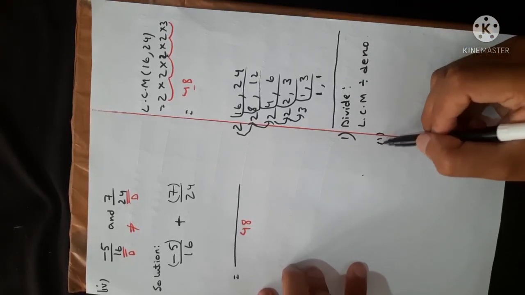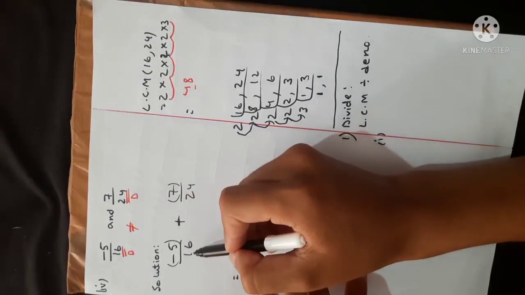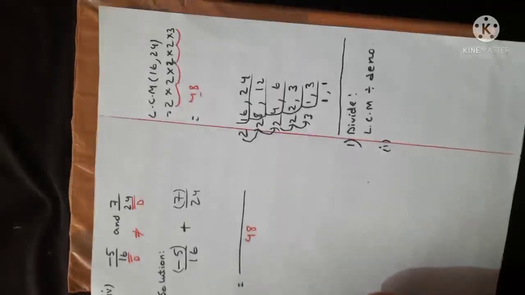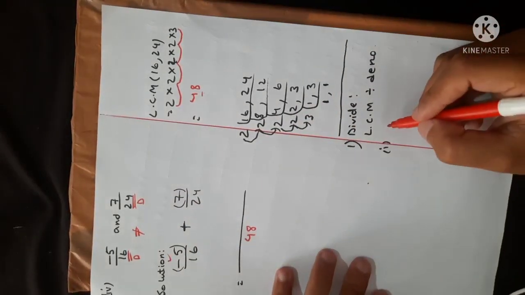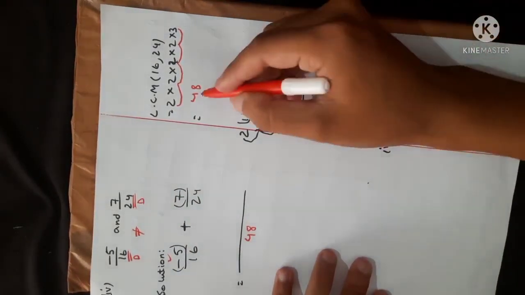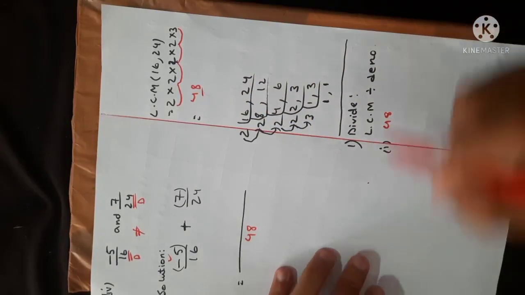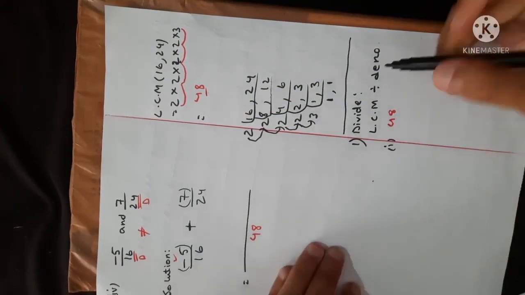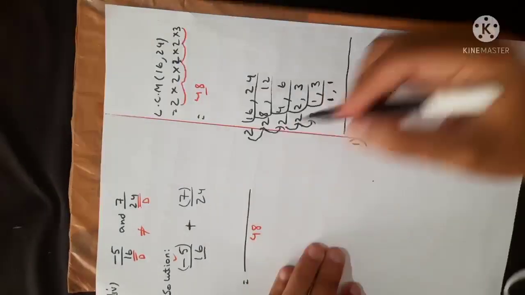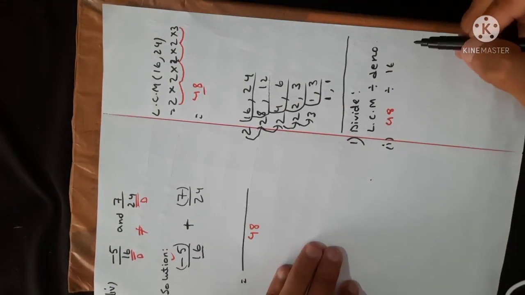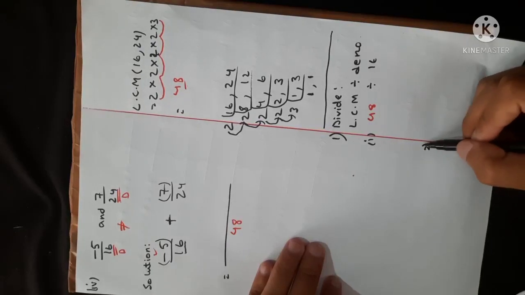Divide what? LCM divided by denominator. So let us first solve for the minus 5 by 16. LCM is 48. This is the LCM. Divide by the denominator. Here the denominator is 16. Now what is the next step?